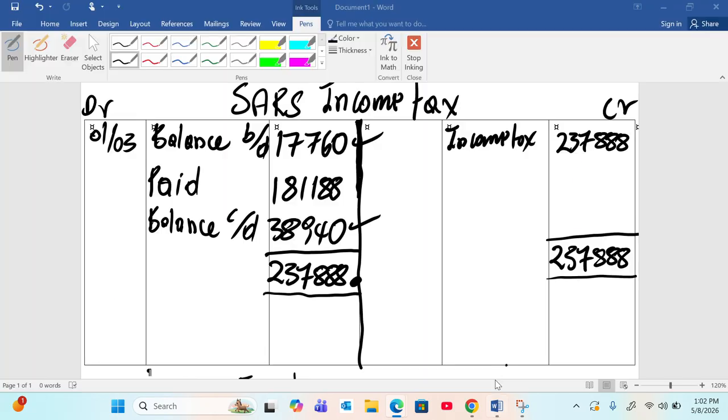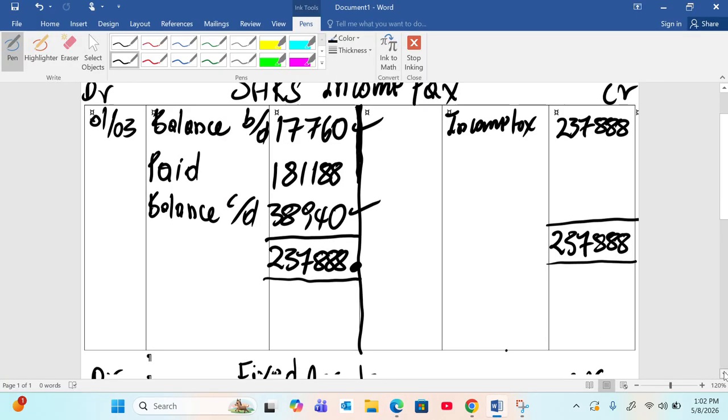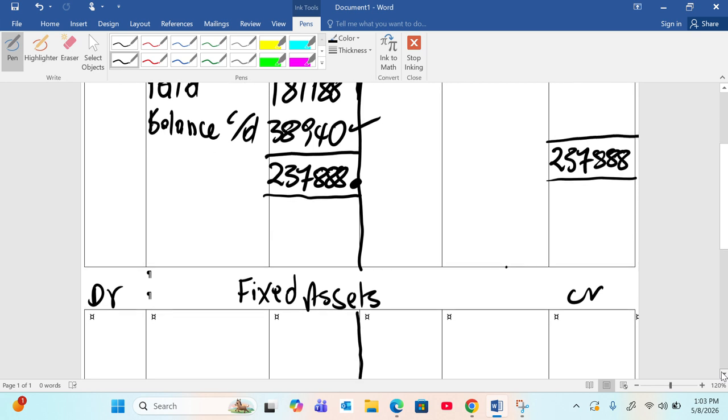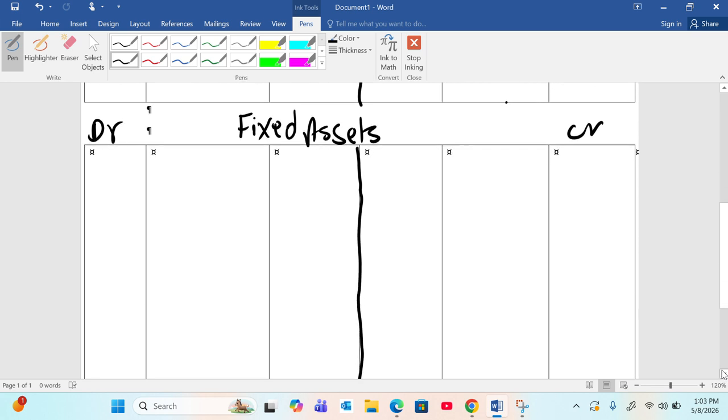So this is what we need to do. Go ahead and create a T account. Fixed assets, they have an opening balance on the 3rd of March 2025 at the beginning of the year.